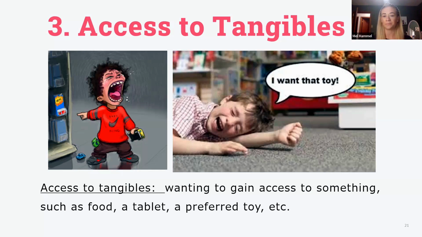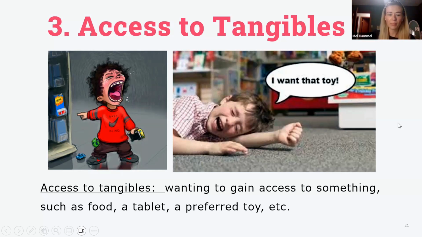But my main points that I want to finish on are the two other functions of behavior, and then showing you that action plan and how to collect some data on behaviors that you see. As always, you can write your questions in the chat, and either Christy can call them out in the moment if you'd like, or we can go over them at the end. So I'll go ahead and get started.